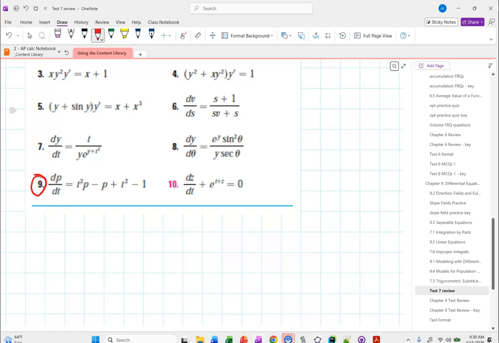So I'm going to need to do a factoring here in order to separate the P's from the T's, because I need to multiply and divide things to the other side, because nothing is going to attach to a dt or dp if I'm just adding and subtracting. So if I look at that polynomial on the right-hand side, how many terms do I see?